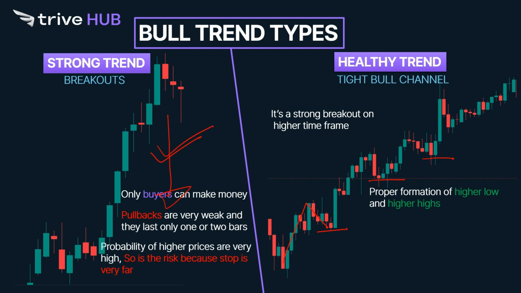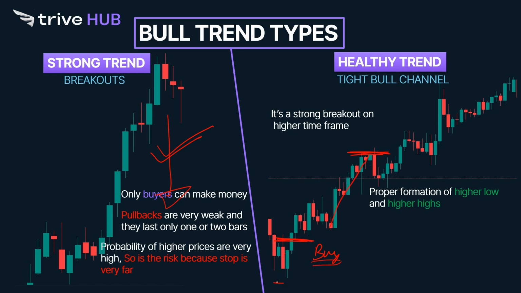Proper formation of higher lows and higher highs is going on here, which will help you move your stop loss or plan new entries in those pullbacks. Let's say you bought at this breakout, your entry is this, and the market has moved till this level.